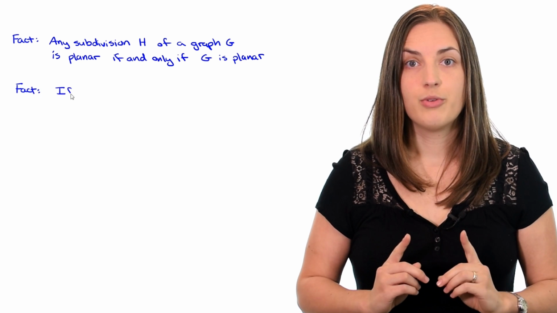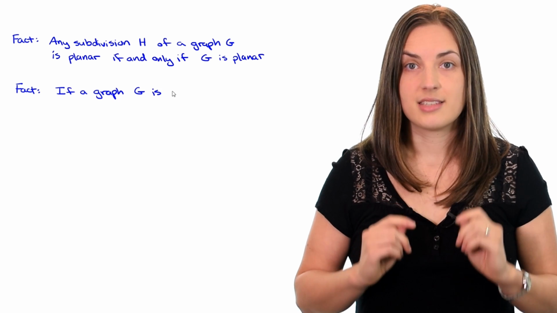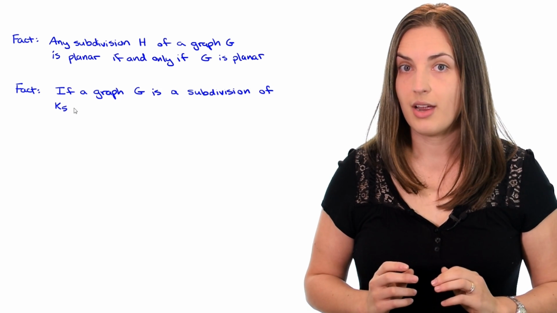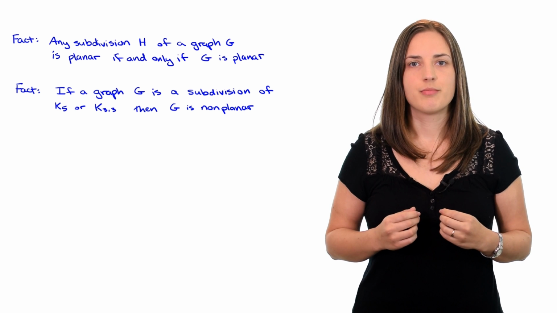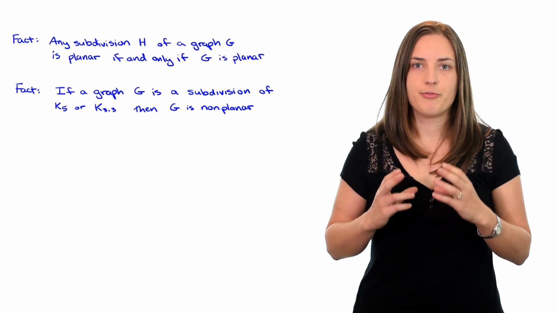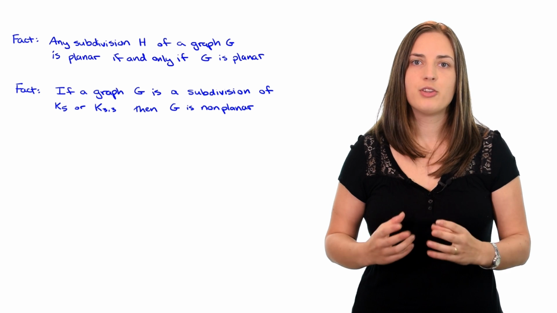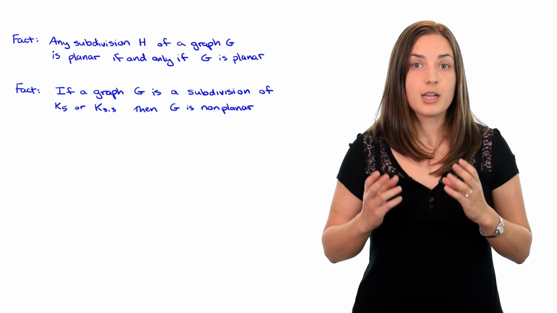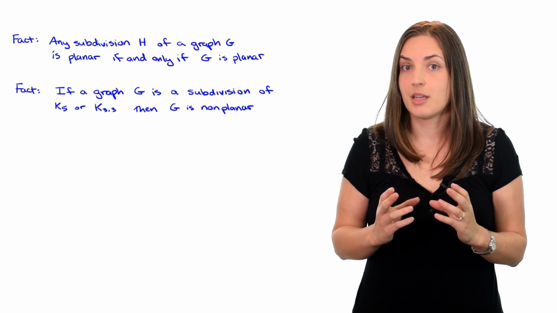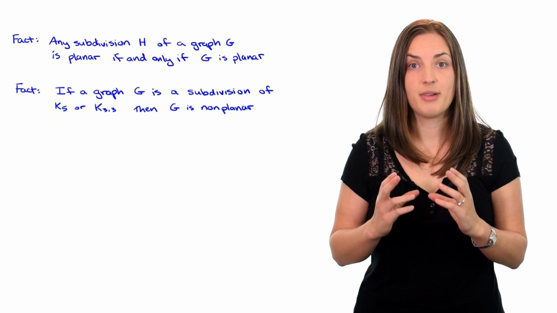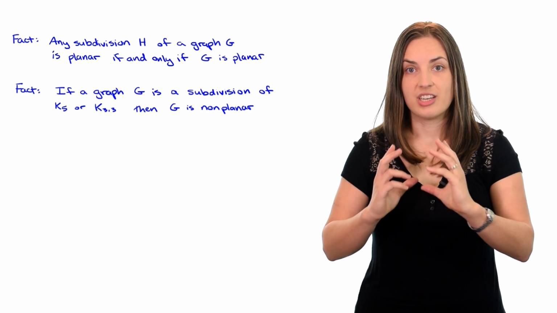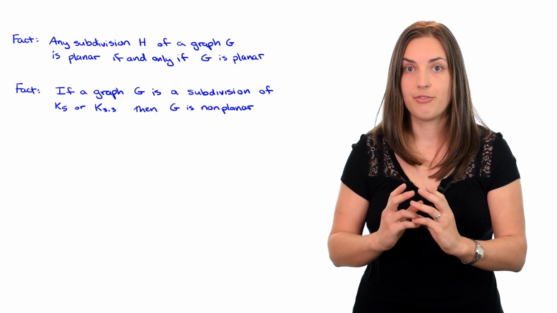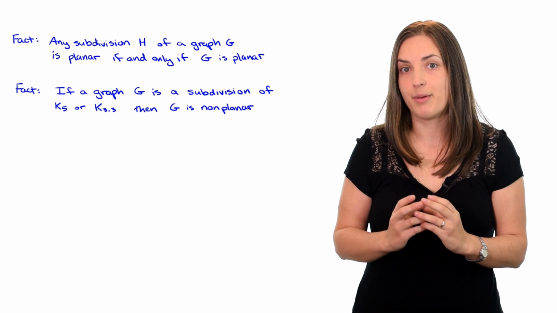So then we know that if a graph is a subdivision of either one of those graphs, it is definitely non-planar. So now imagine that you take K5, for example, and you build up a subdivision of K5. Clearly, that graph, being a subdivision of K5, is non-planar. But moreover, any graph which contains that subdivision of K5 also cannot be planar.